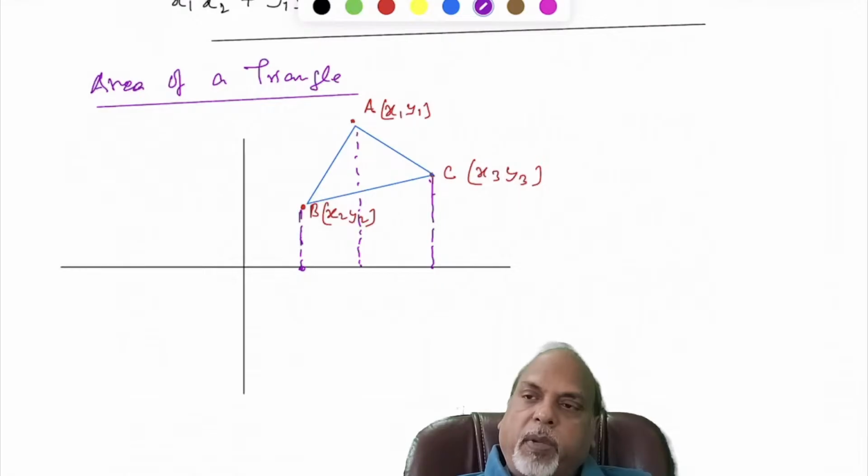These are basically perpendiculars, and suppose this is M, this is L, and ML.